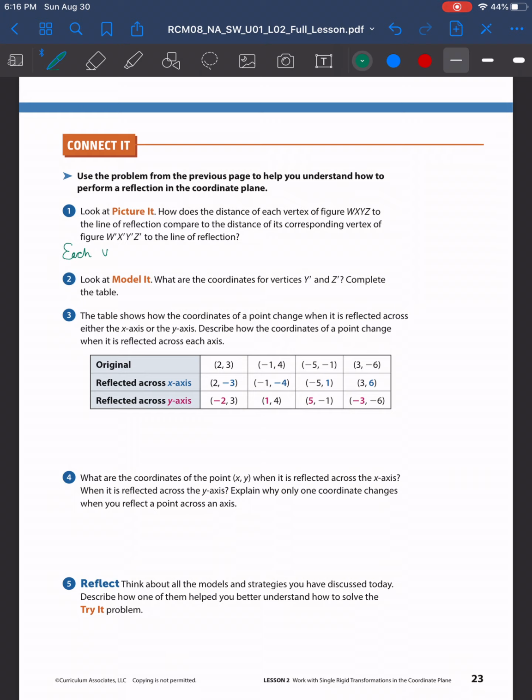Each vertex of the original image, oh right, images are the copies, I forget. Image is the copies.